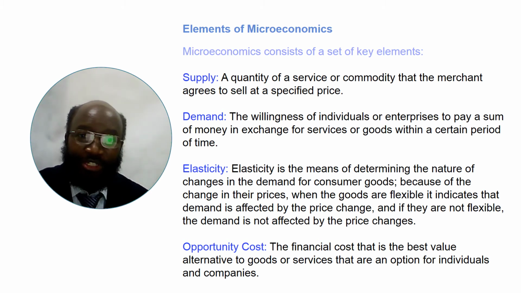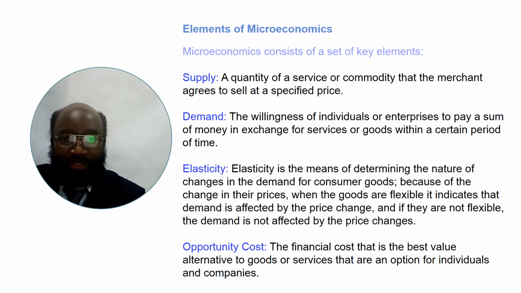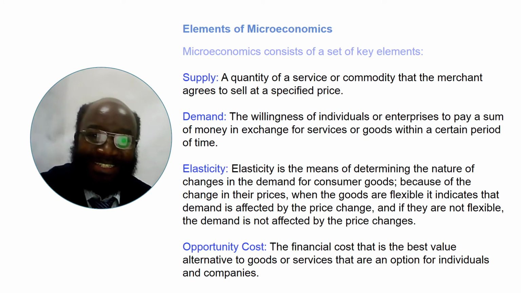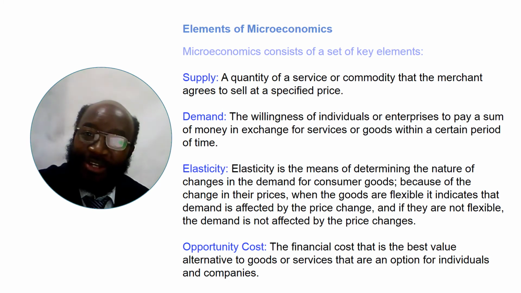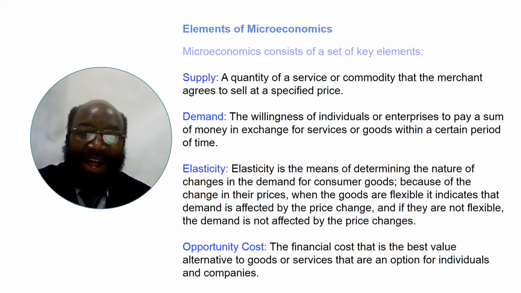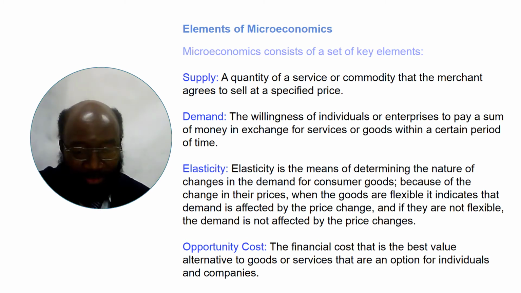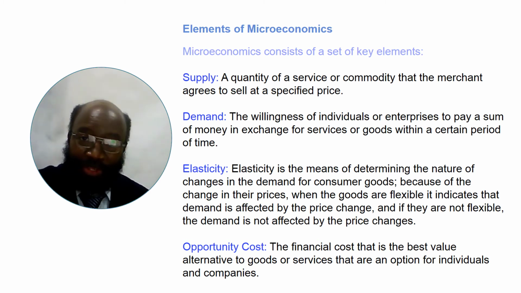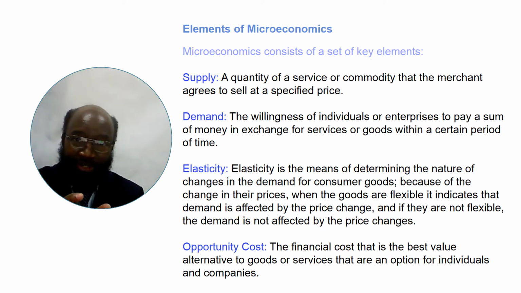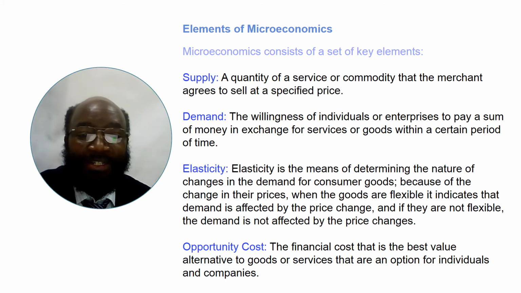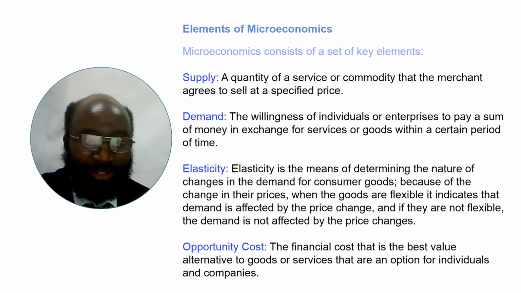We must produce goods and services more and more with very less cost. The alternative of producing goods and services, seen in the money we are going to lose, the small one we call opportunity cost.